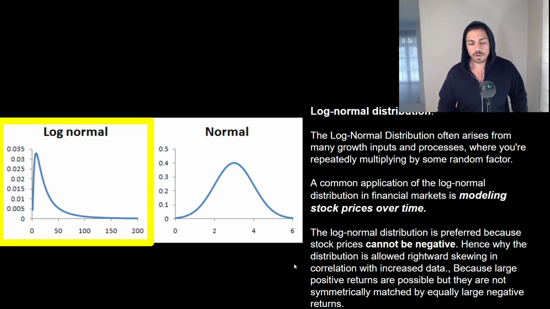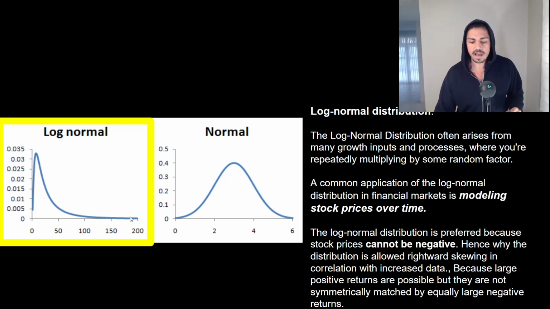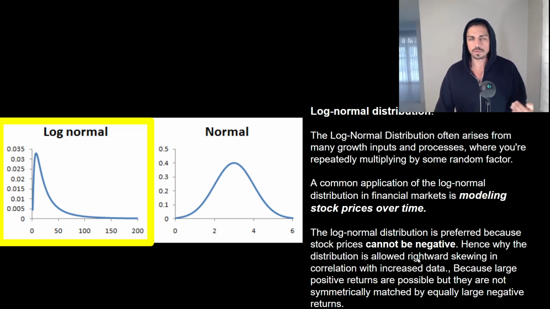So we're comfortable with a log normal distribution having a continuous rightward skewing and not approximating back to a normal distribution like this, because of the nature of the data, there's going to be some rightward skewing. And there's going to be rightward skewing because large positive returns are only possible because there are not equally large negative returns, because you can't have a negative return on your stock, right?